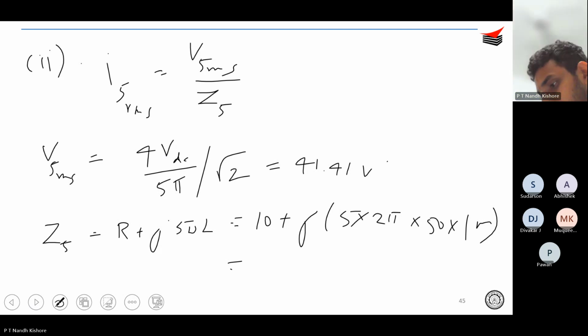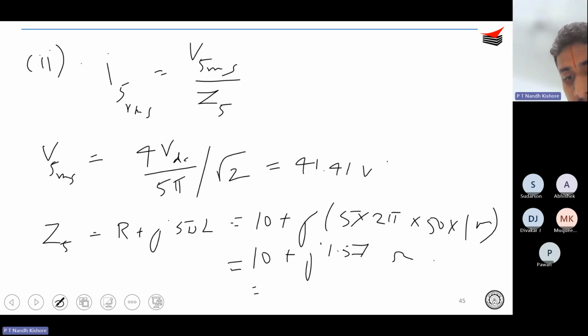So you should get 1.57, right? So 10 plus j 1.57 ohms. So what is that in absolute terms? You are going to get around 10.12 ohms.